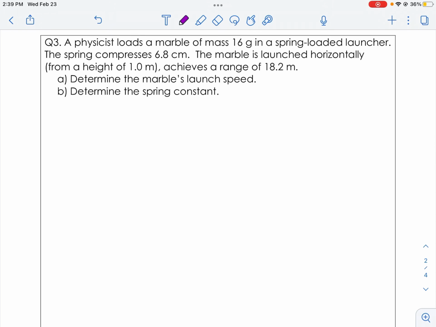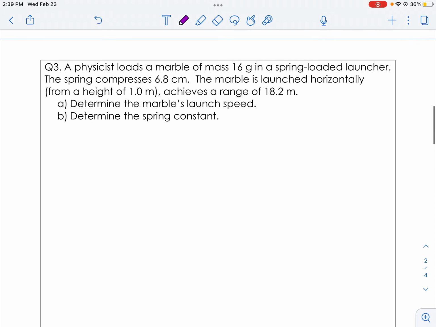Okay, so a physicist loads a marble of mass 16 grams, 0.016 kilograms, just for the sake of doing conversions right away in case we end up needing it. The spring compresses 6.8 centimeters, that is 0.068 meters.